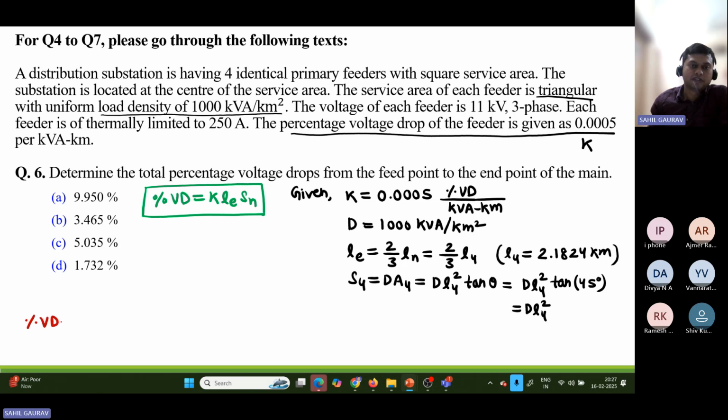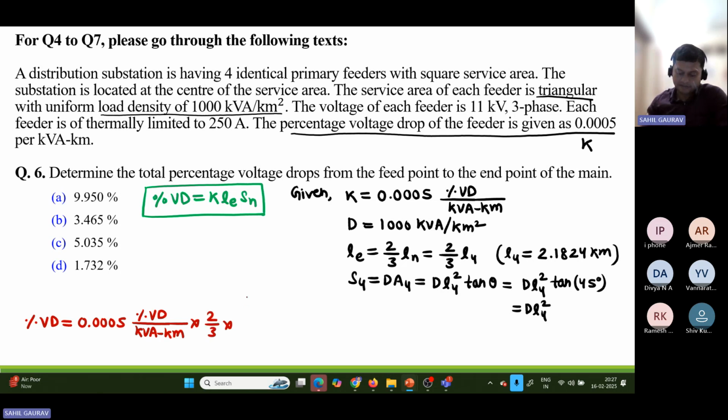So percentage voltage drop K is given as 0.005 percentage voltage drop per kVA kilometer, and effective length is 2/3 of L4.